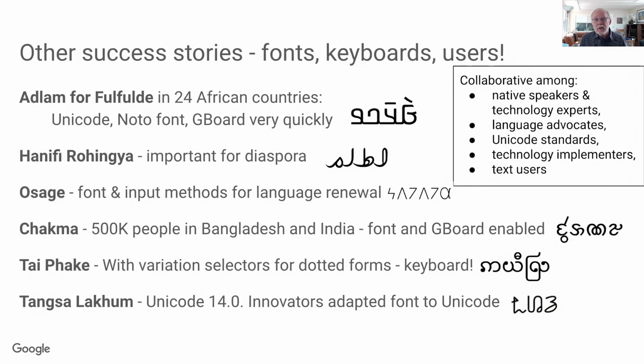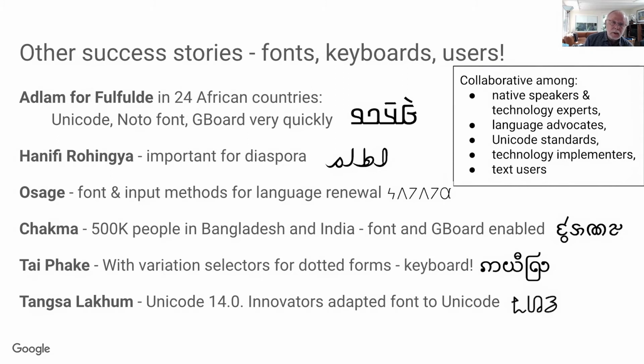There are other success stories in fonts and keyboards and users. For example, Adlam for the Fulfulde language was standardized in 2018 and became available in mobile devices very quickly. So the Unicode and Noto font and Gboard are being widely used across Africa.